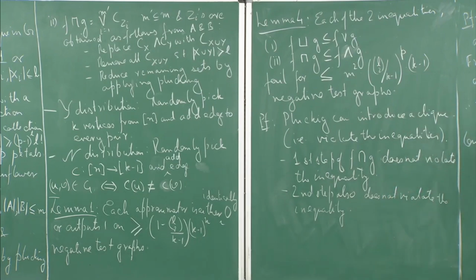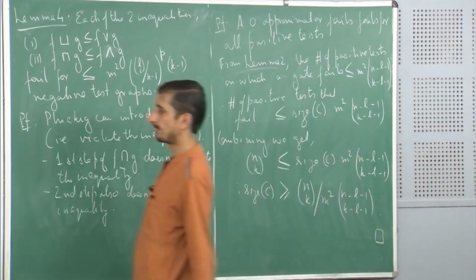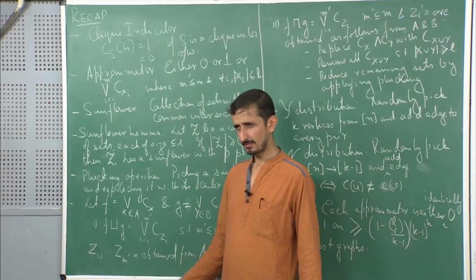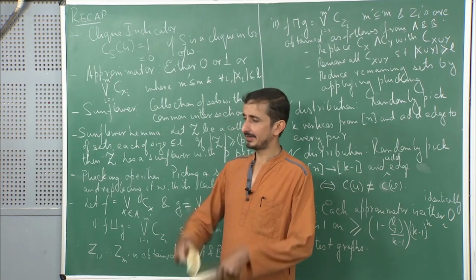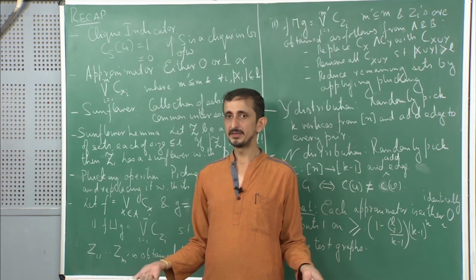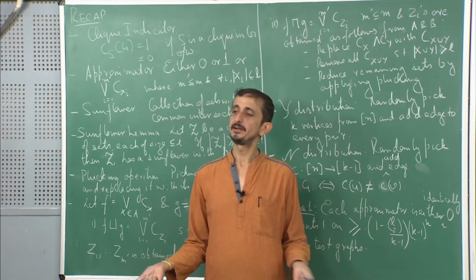Clear? How can plucking introduce a clique in the odd situation? I can always have a set A which does not have a clique, but a subset of A has a clique. The center is a subset.